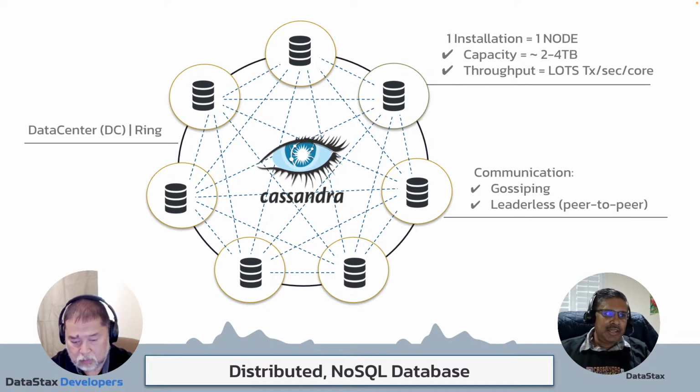One very important thing I would like to introduce here is that Cassandra is a multi-data center database, meaning on day one when Cassandra was created, it supported multi-data center out of the box. In the next few slides, we'll introduce how it runs in multi-data centers, including multi-cloud.